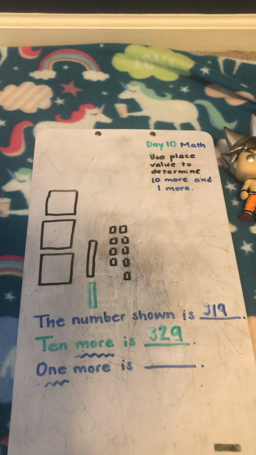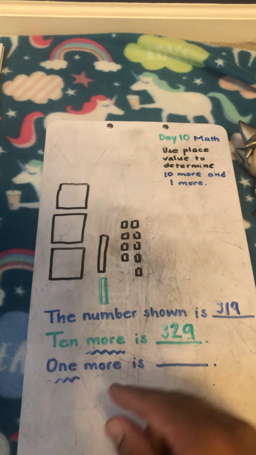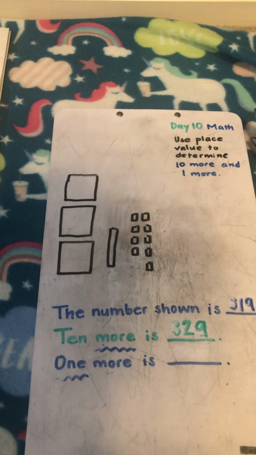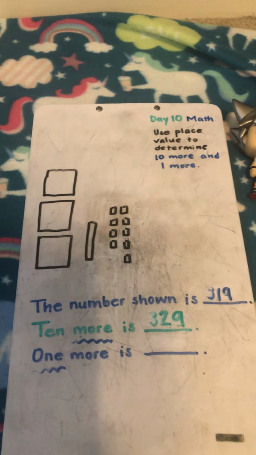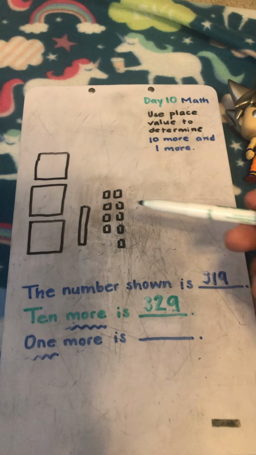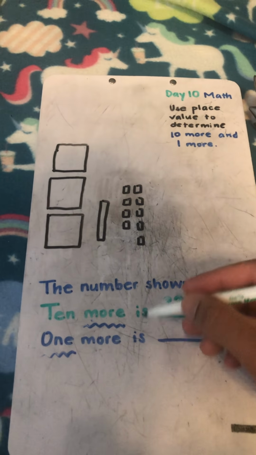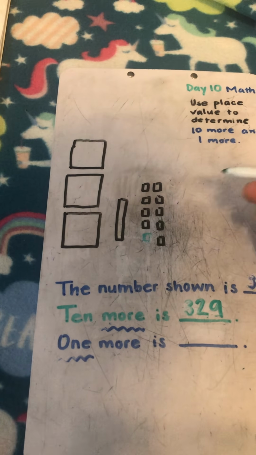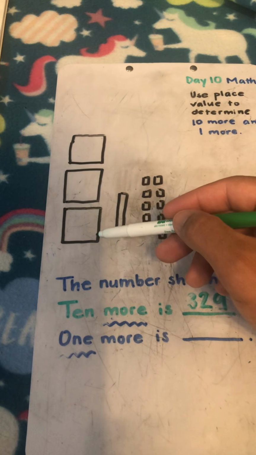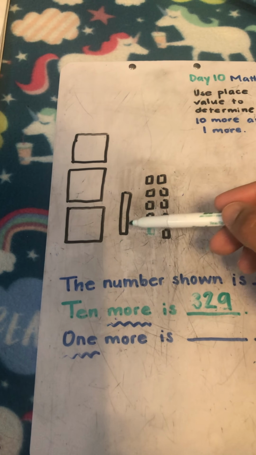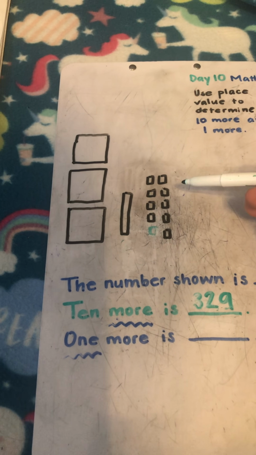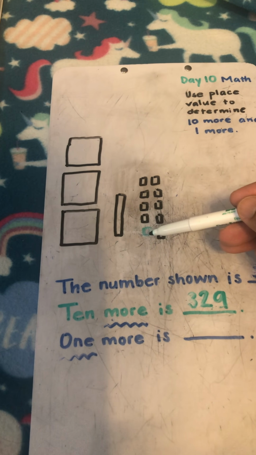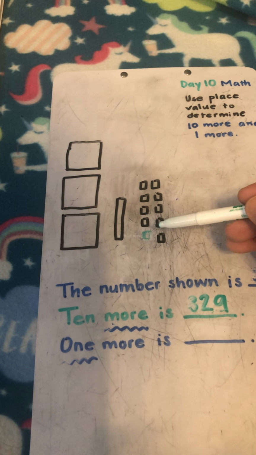Okay? Now let's see what happens when we have one more. Let me get rid of this. I'm not changing my tens value anymore. I'm changing my ones. So if I have one more, I have 300 still. I have 110. And now I look here, I have, well, what do I have? I had 9 ones. I added one more. 9 plus 1.